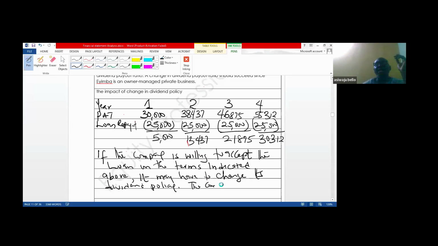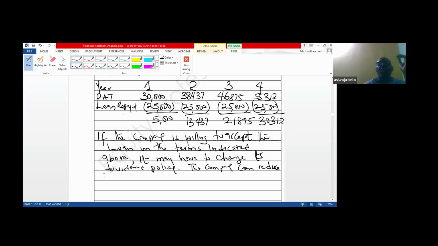The company can reduce dividend payable in year 1 and year 2.